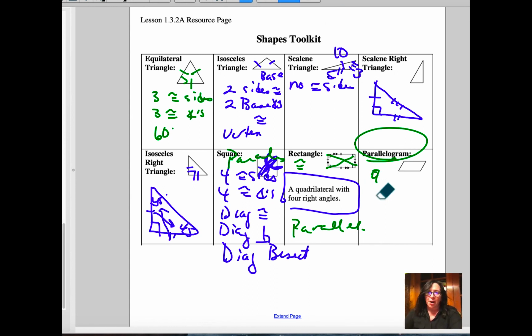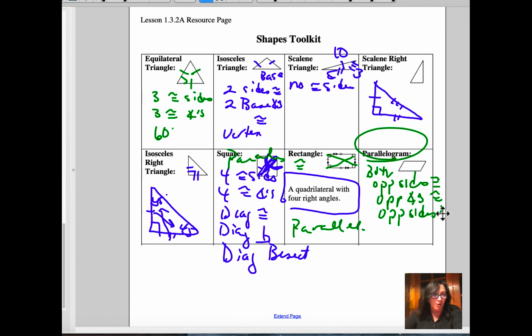Let's get them right then. The attributes are, we have both pairs of opposite sides are congruent. Opposite angles are congruent. We have both pairs of opposite sides are parallel, and the diagonals bisect each other.